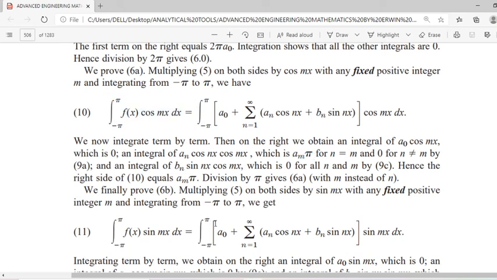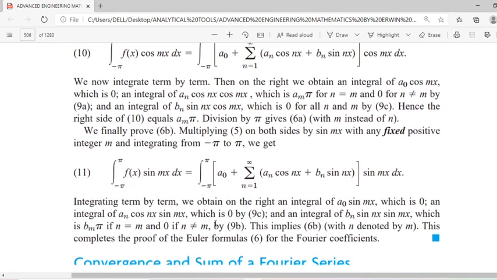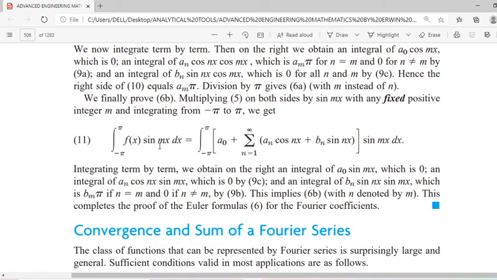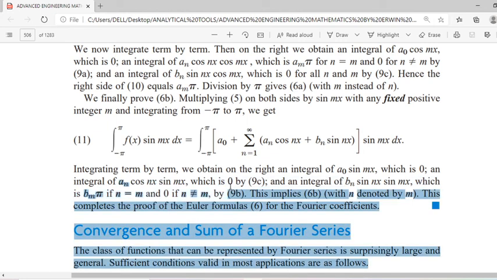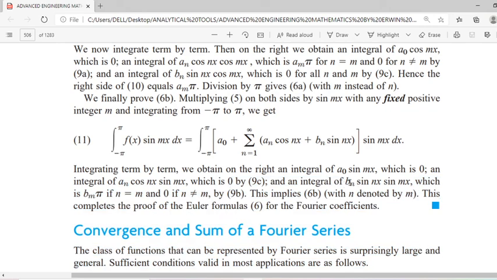Similarly, for the integral from minus pi to pi of f of x sin mx dx, you can apply this integration. The first term will be 0, the second term is also 0, and the third term is bn into sin mx, which gives bm into pi if n equals m. It is a similar case as in the previous one. So bm will be 1 by pi into this left side.